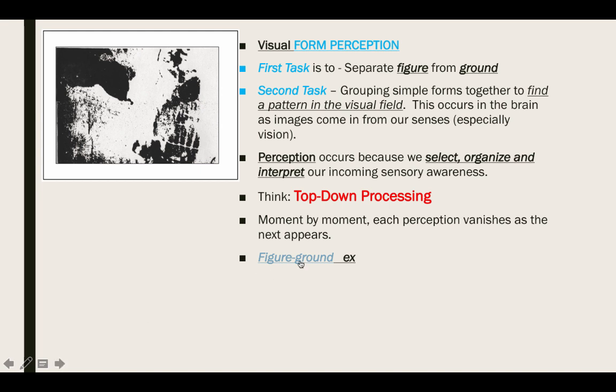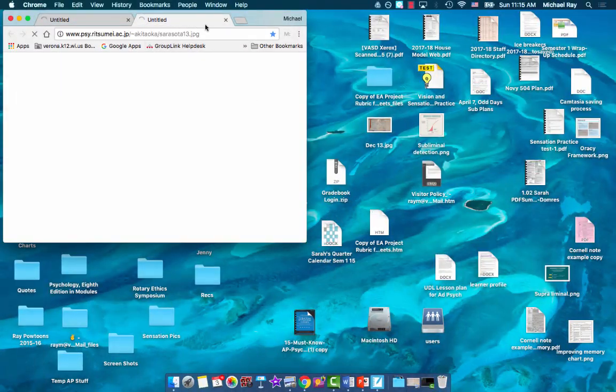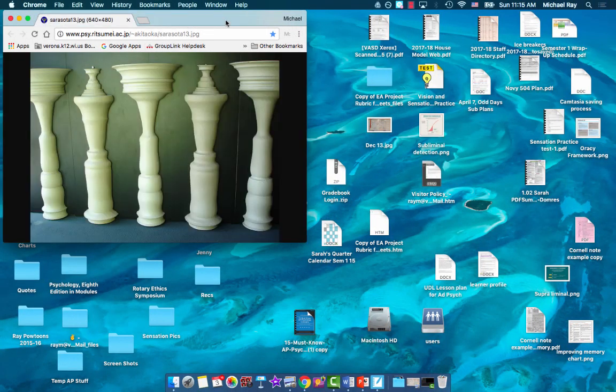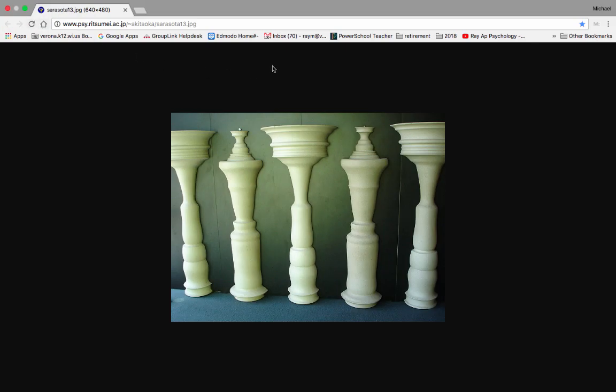And I'm going to give you another figure-ground example here. If you notice this image, some of you may notice it as chess pieces. Others of you may notice it as outlines of people facing each other. So we have chess images here, big, large chess images here.